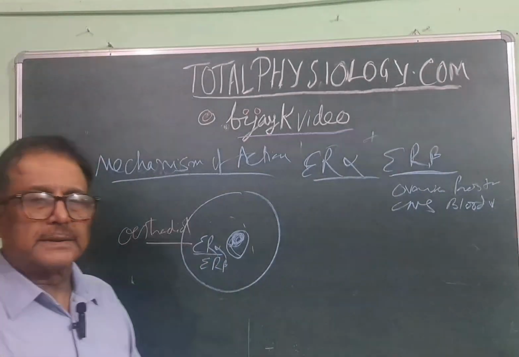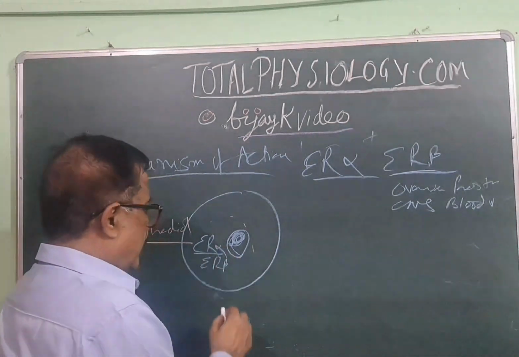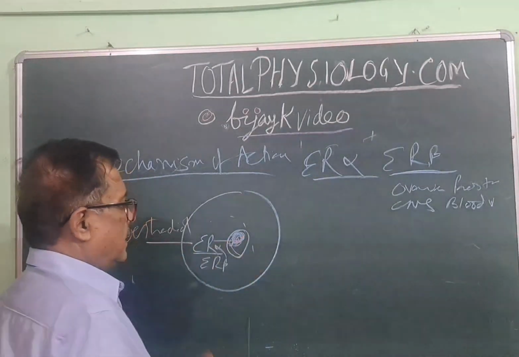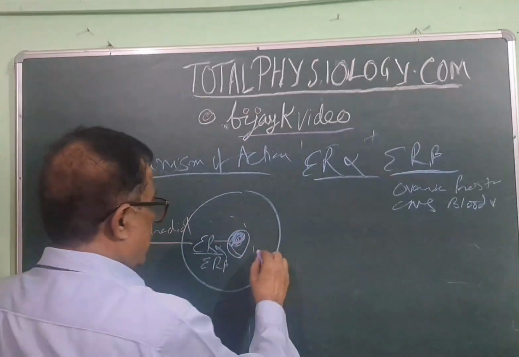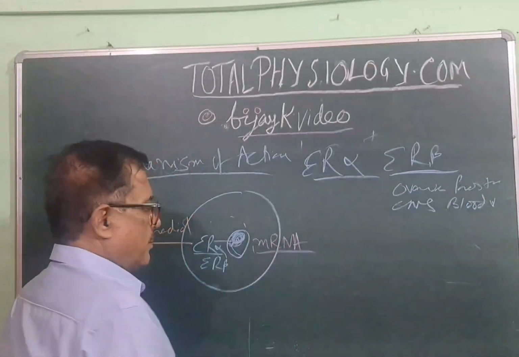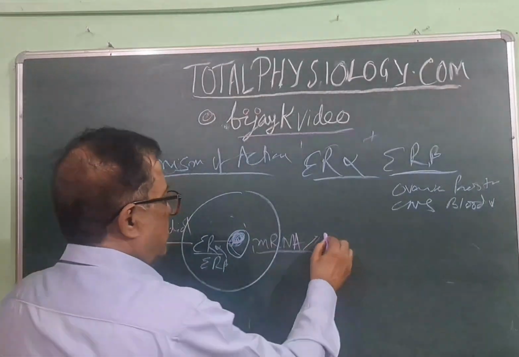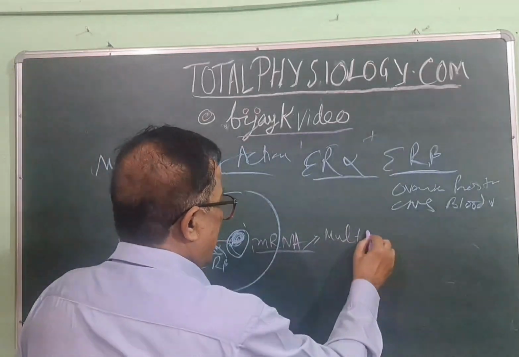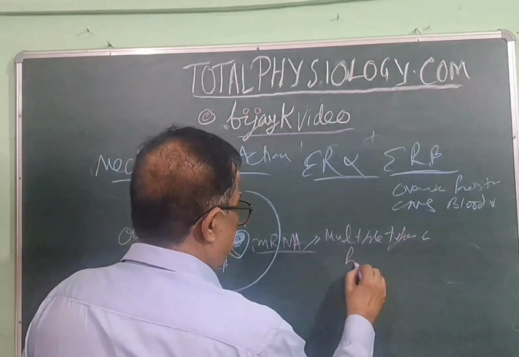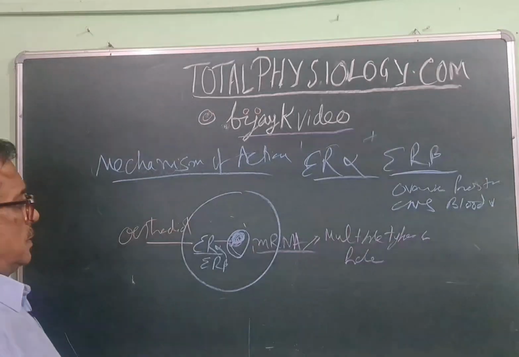Estradiol will combine with its receptor, alpha or beta, and then enter into the nucleus, where it will cause formation of messenger RNA from DNA, and this will produce multiple types of proteins that will work. This is the mechanism of action.